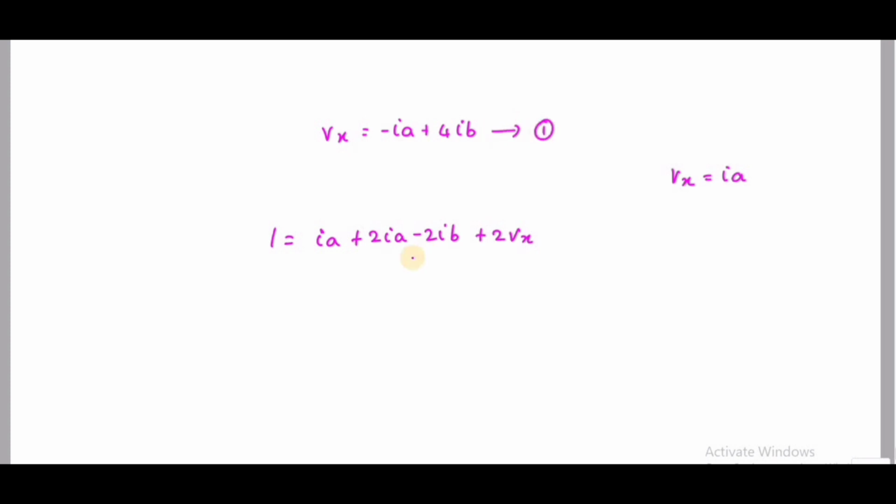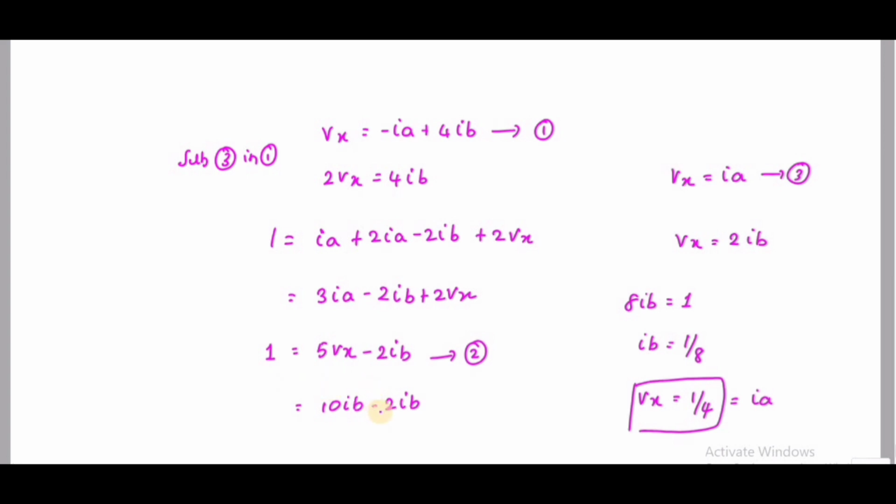So from this equation I can write this is 3Ia minus 2Ib plus 2Vx. So instead of 3Ia I can substitute Vx, so I will get 1 is equal to 5Vx minus 2Ib, and in the first equation if I substitute Vx is equal to Ia, I will get 2Vx is equal to 4Ib, so Vx is equal to 2Ib.